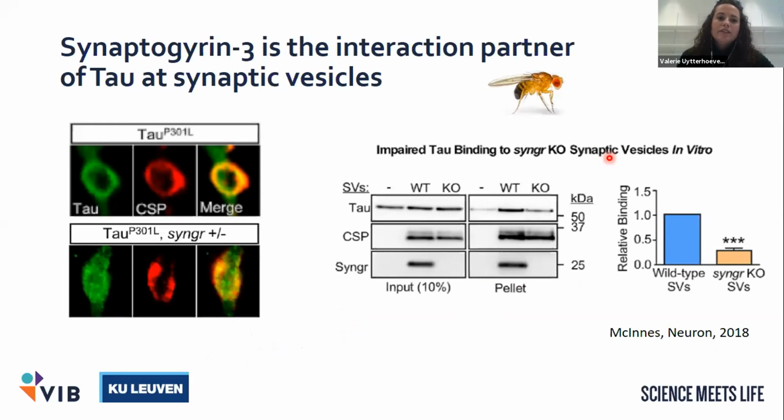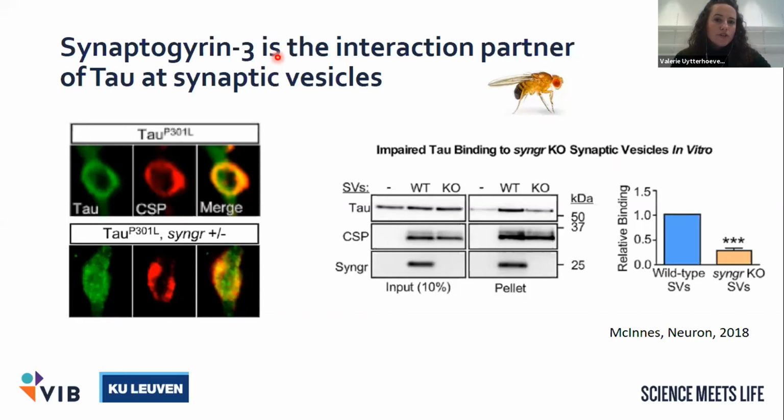And we identified synaptogyrin 3 as a possible interaction partner. And synaptogyrin 3 is expressed on synaptic vesicles, and it's a 4-transmembrane protein, and it's widely expressed in the brain.